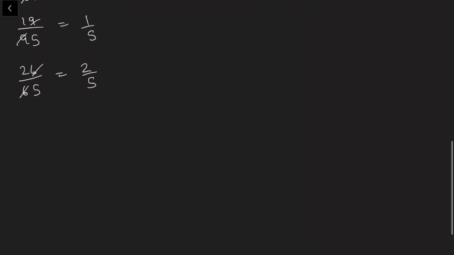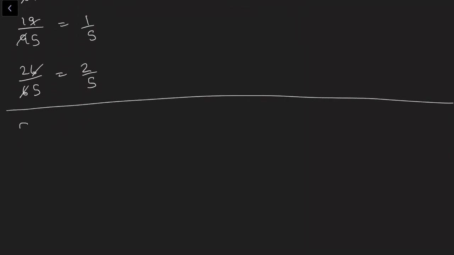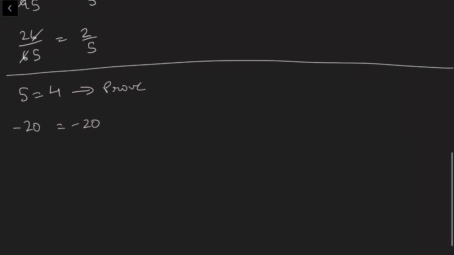Another example can be to prove that 5 is equal to 4. This is what we have to prove. Okay, let's start with minus 20 is equal to minus 20. This is absolutely true. And then let us write this as 25 minus 45 is equal to 16 minus 36.